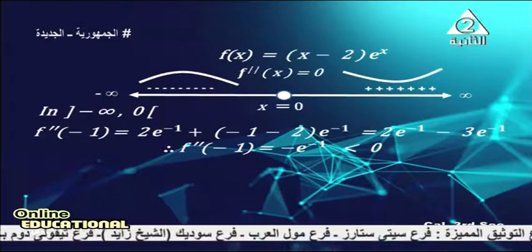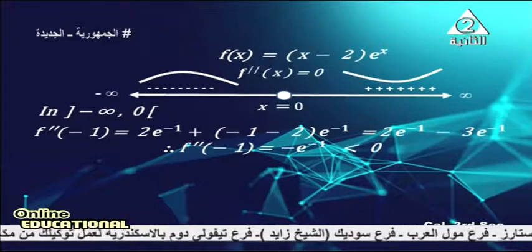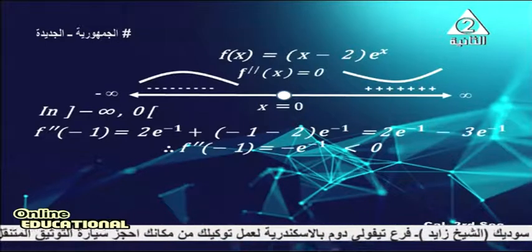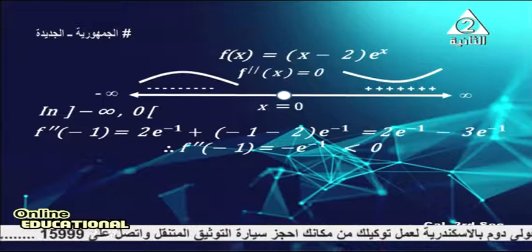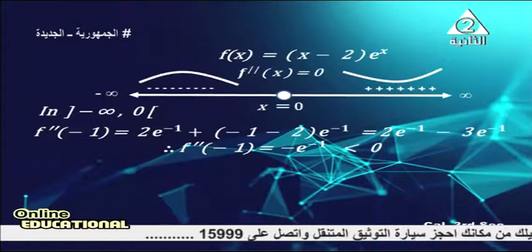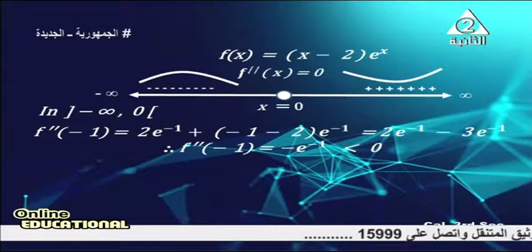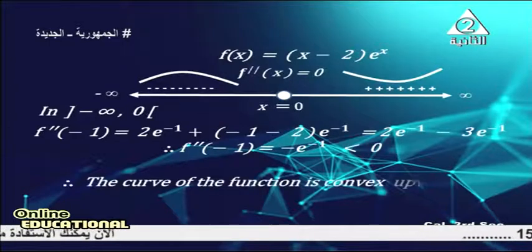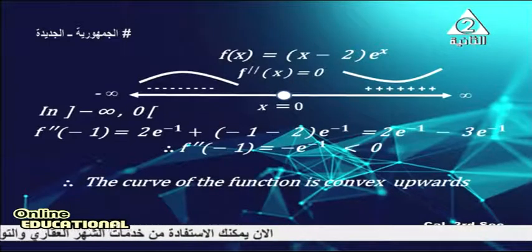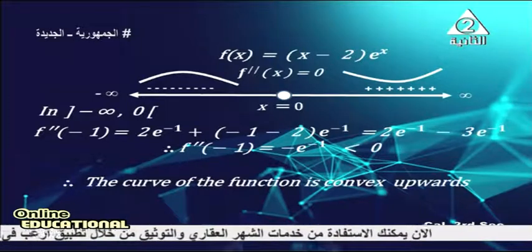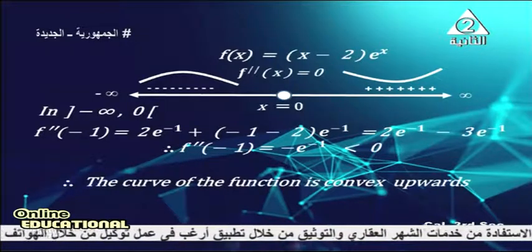Then the second derivative f'' at x equals -1 equals -e^(-1), which is a negative value. Then the curve of the function is convex upwards in the open interval (negative infinity, 0).